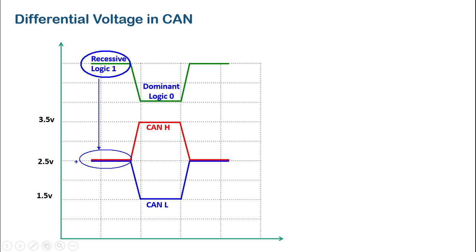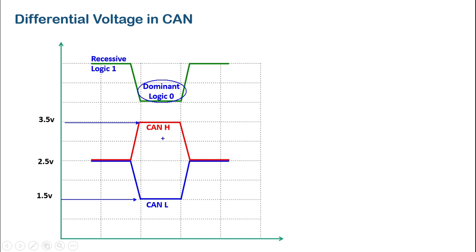CANH and CANL are both maintaining the voltage level of 2.5 volts to represent logical 1. This is one case. In the other case, if we consider logical 0, nothing but the dominant bit, CANH is holding the voltage value of 3.5 and CANL is holding the voltage value of 1.5.